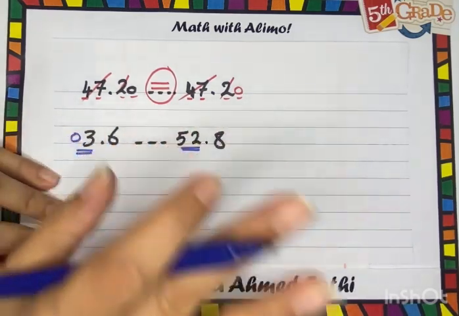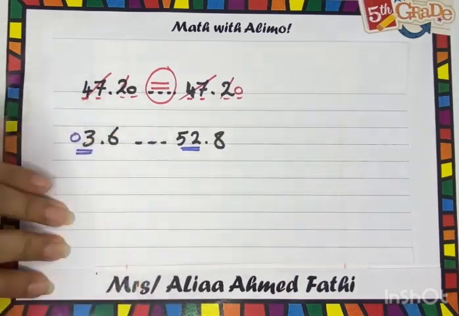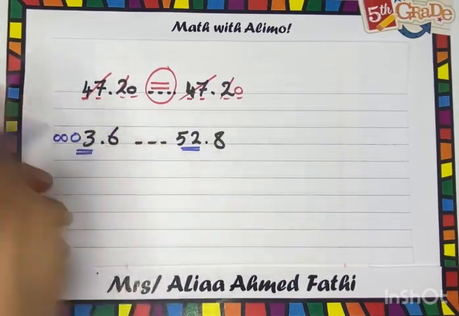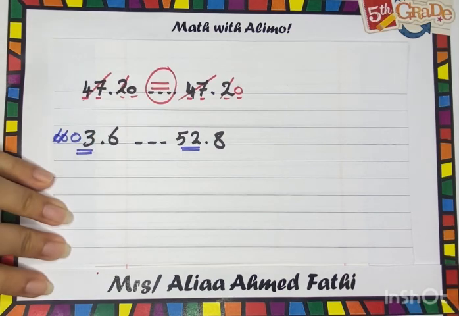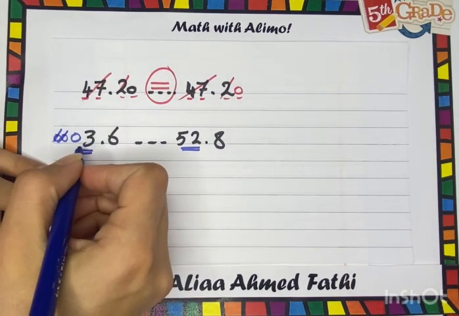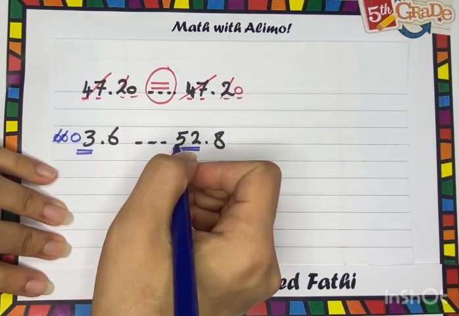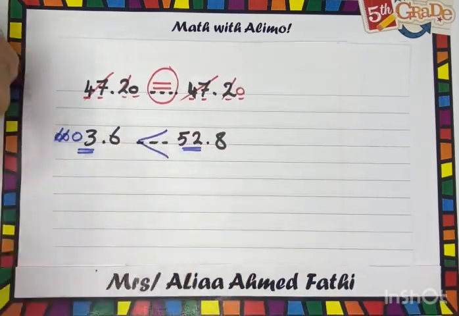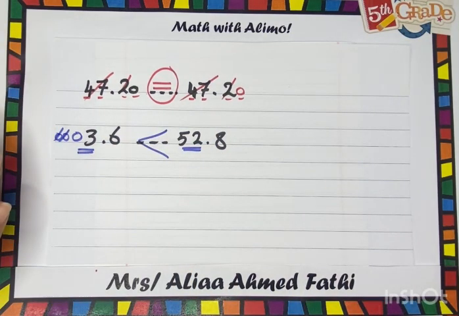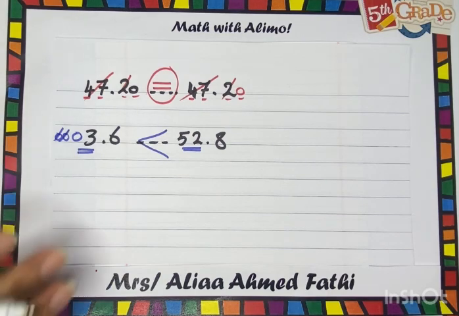It's gonna be 3 as it is. If you add more zeros, it's gonna be 3 as it is. So the 0 on the left is nothing. Then we have here 3 and there 52. So of course the 52 is greater in the whole part.